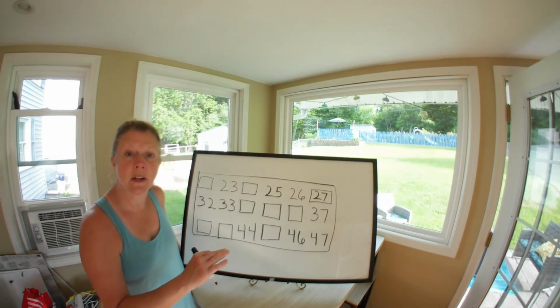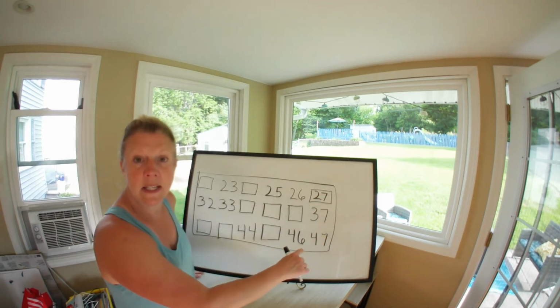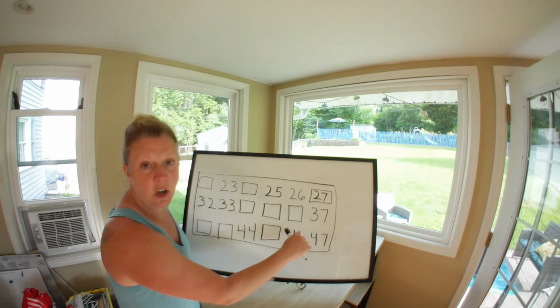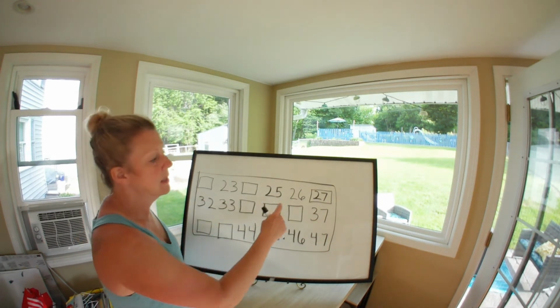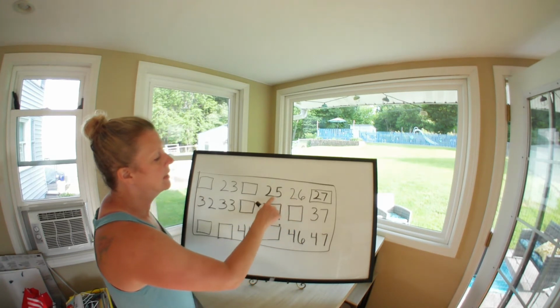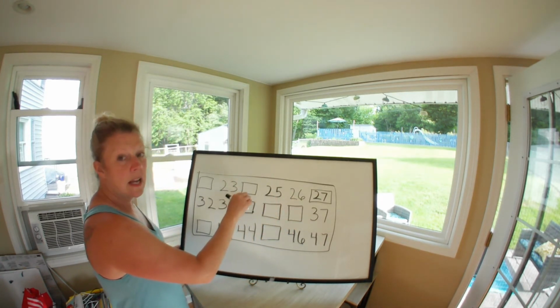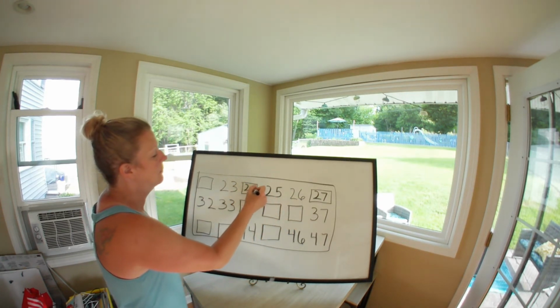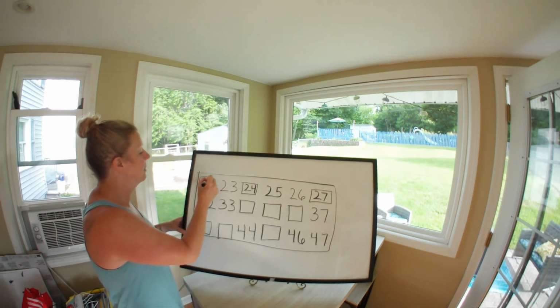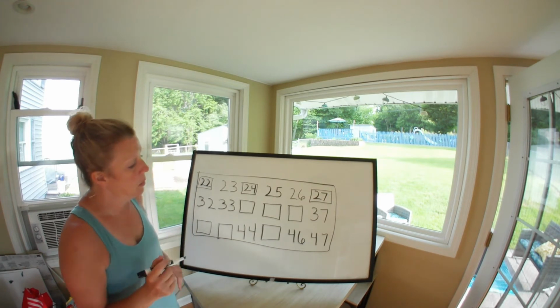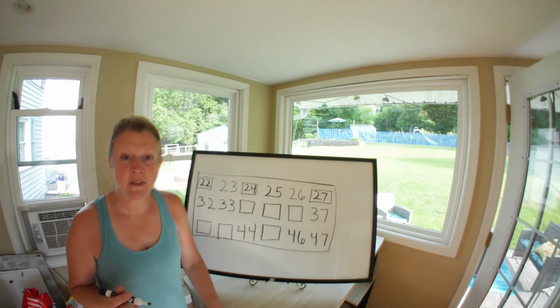It goes in a pattern because the 7s column stays the same, but the 10s are what changes. So that's good. So now let's go back. Let's count backwards. 27, 26, 25, yes, 24, 23, 22. Good job.